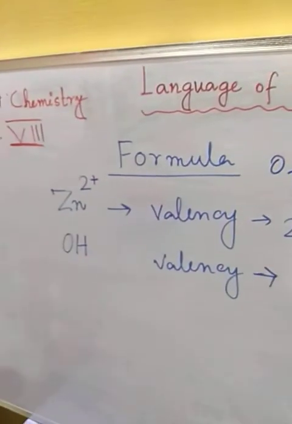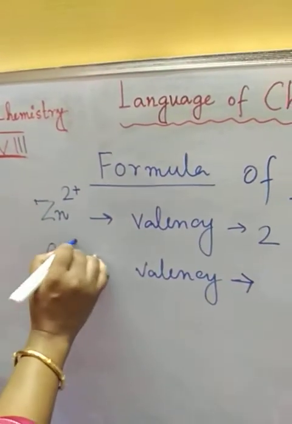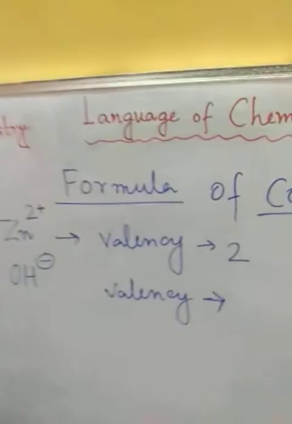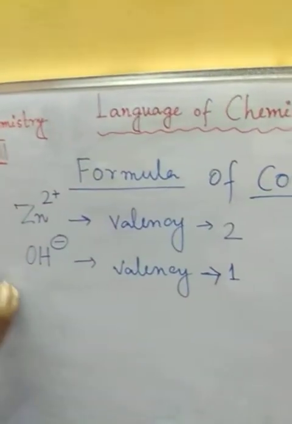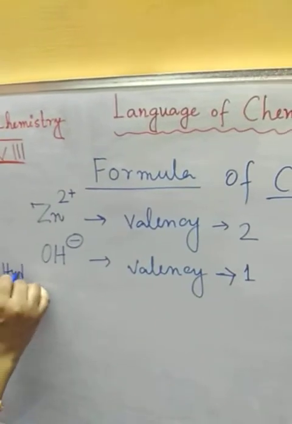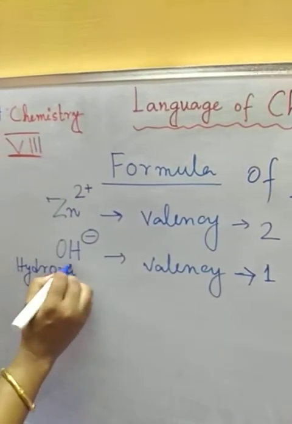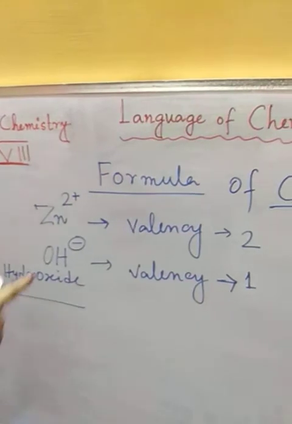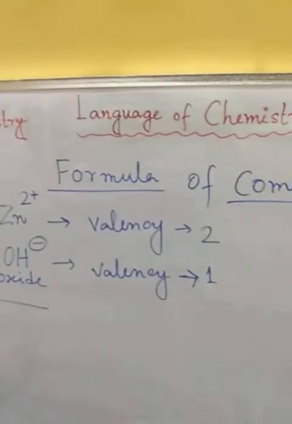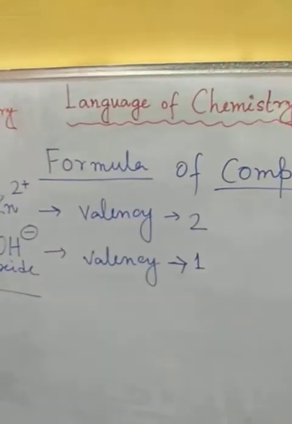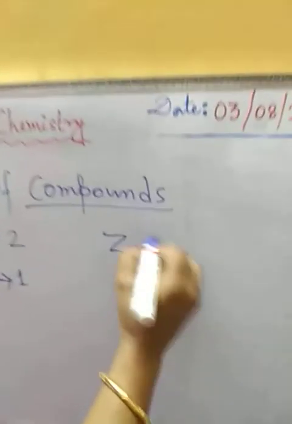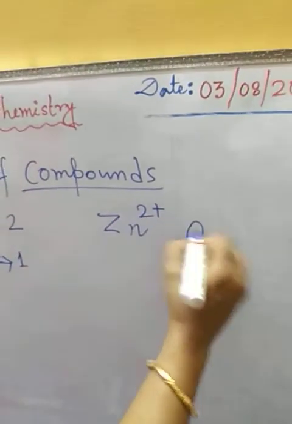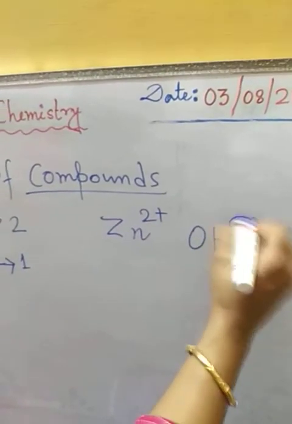This is a compound radical, the hydroxide radical, which has a negative charge, so its valency is 1. Hydrogen and oxygen both are present here. Now how will we write the formula of zinc hydroxide? Zinc 2+ and hydroxide OH-.